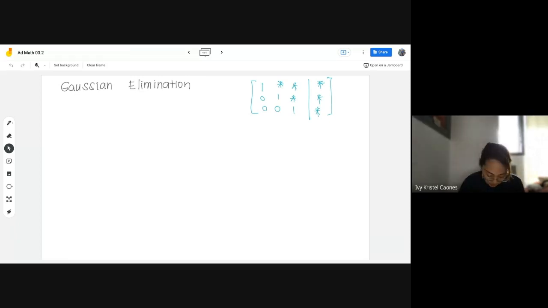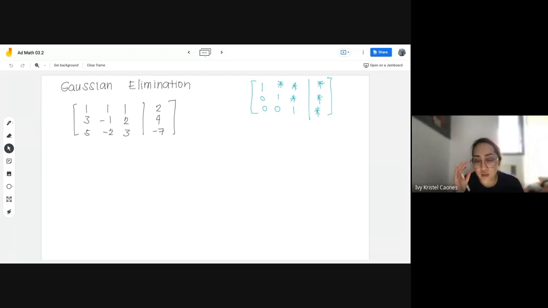So, let's get the matrix from the last example. The first step in using Gaussian elimination is to check the first element of the main matrix. The element 1, 1 should have the value 1.